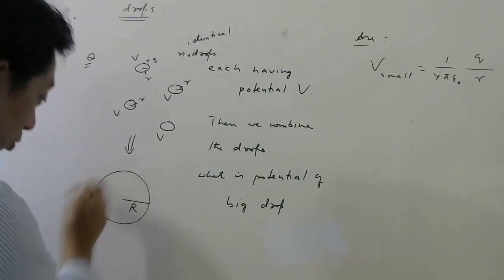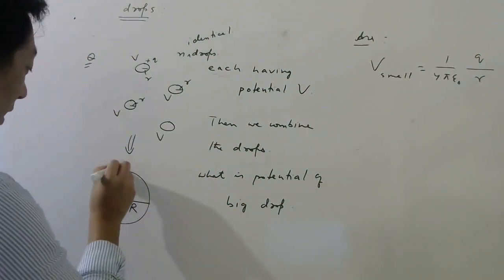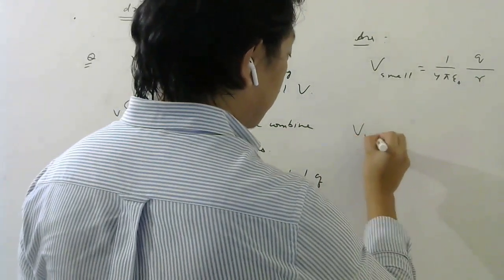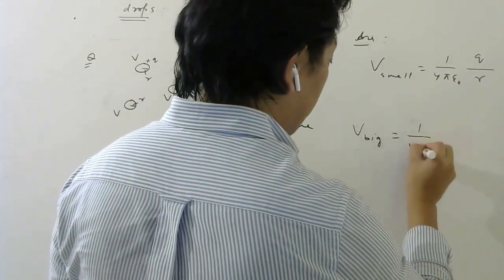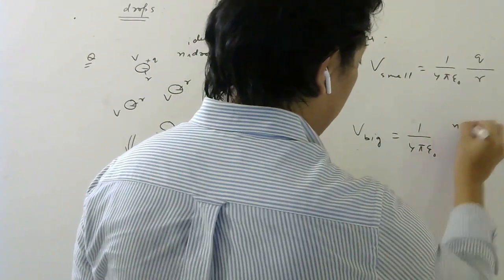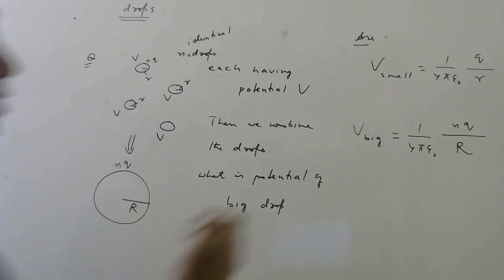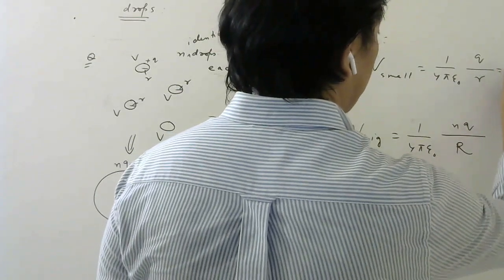So the total charge on this big drop will be nq. So the potential of the big drop will be 1 by 4 pi epsilon naught nq divided by the radius of the big drop.